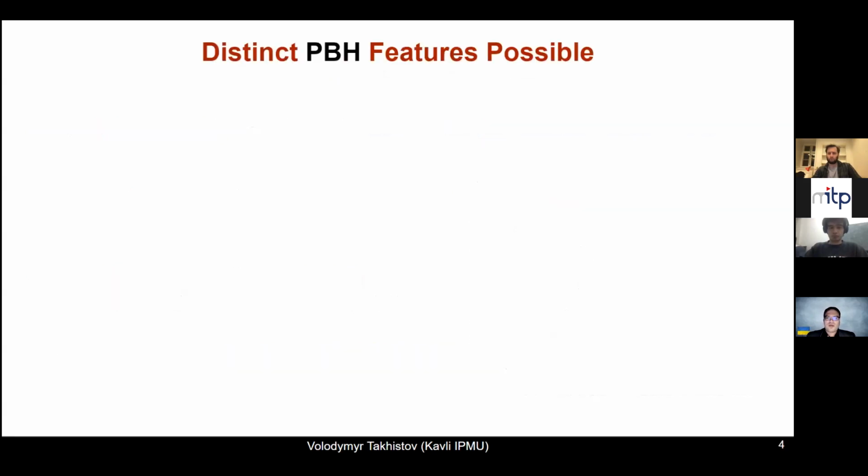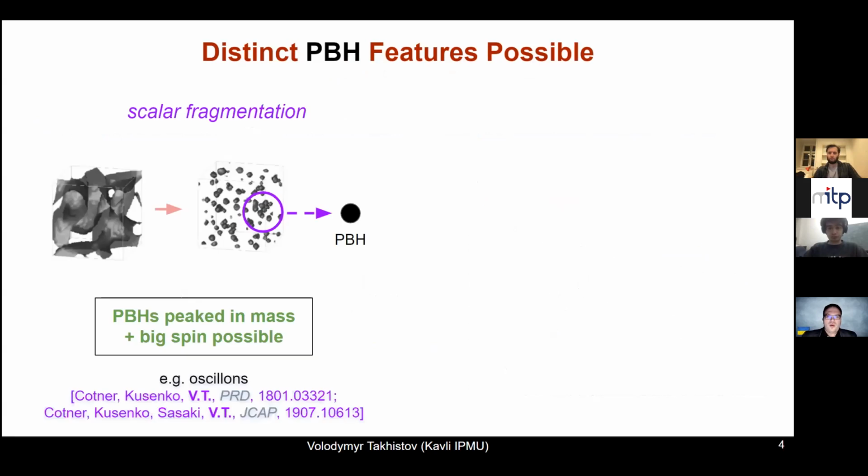Now, a variety of distinct primordial black hole features are, of course, possible in different scenarios. One particular example is associated with scalar field fragmentation to oscillons, and the idea here is that the inflaton field will be a condensate. It will undergo stochastic fragmentation into localized lumps, and some dense region could perhaps collapse to a primordial black hole. Now, an interesting feature of this scenario is that this could in principle lead to primordial black holes with sizable spin.